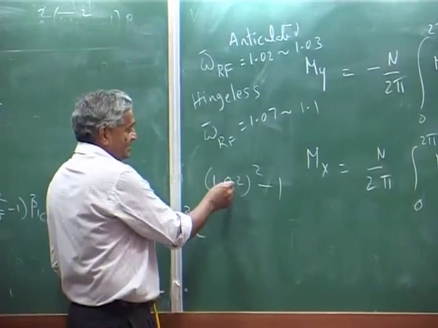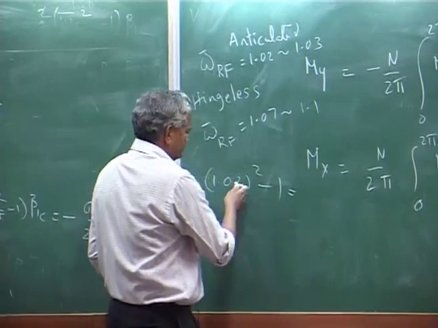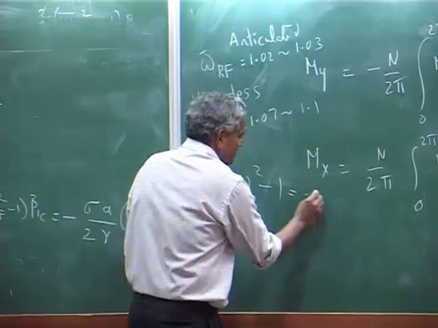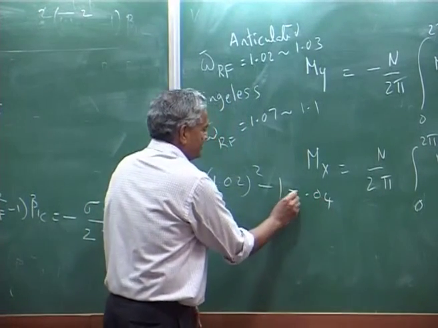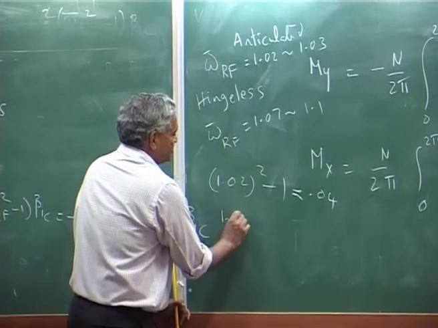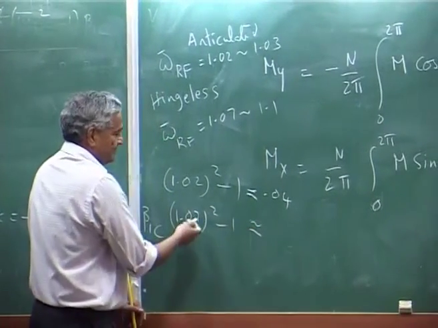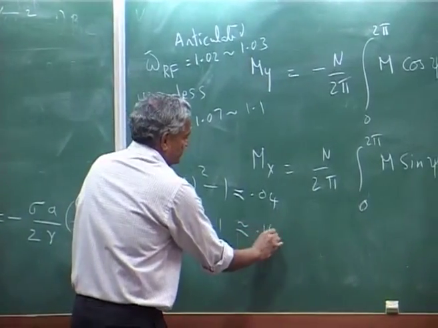This factor will be 0.04 approximately, whereas here 1.07 square minus 1 is 0.14.